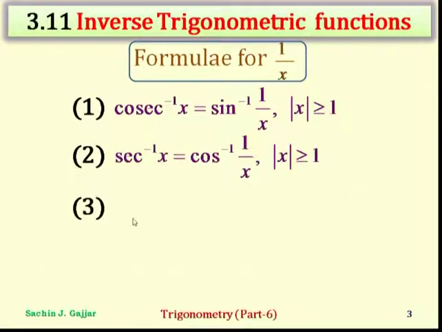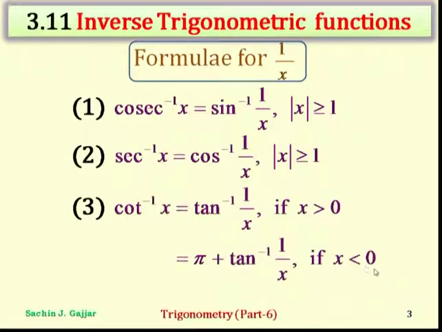The third one is cot inverse x equal to tan inverse 1 upon x if x greater than 0. Here for cot inverse x we have two formulae. If x greater than 0, then you can write directly tan inverse 1 upon x. For example, cot inverse 5 is equal to tan inverse 1 by 5.